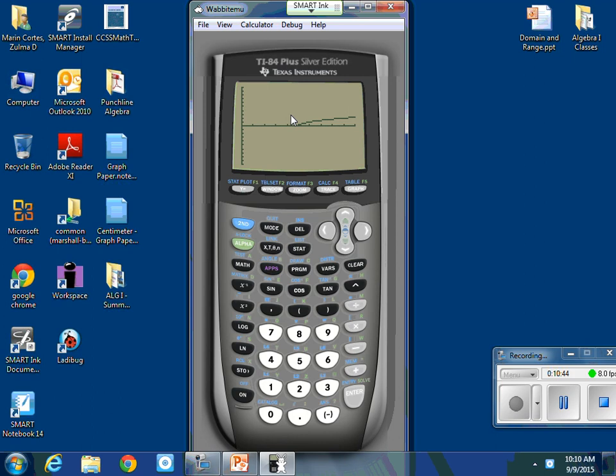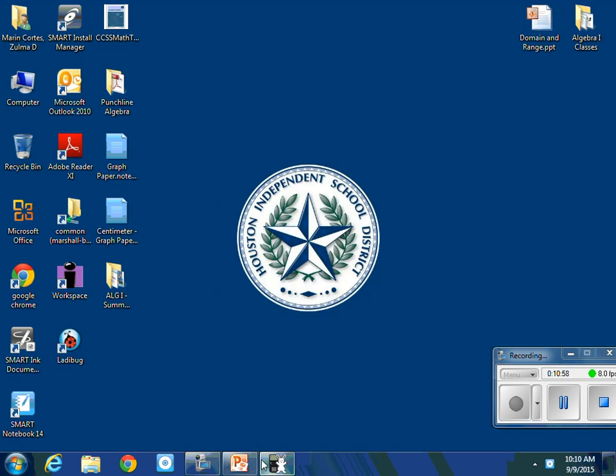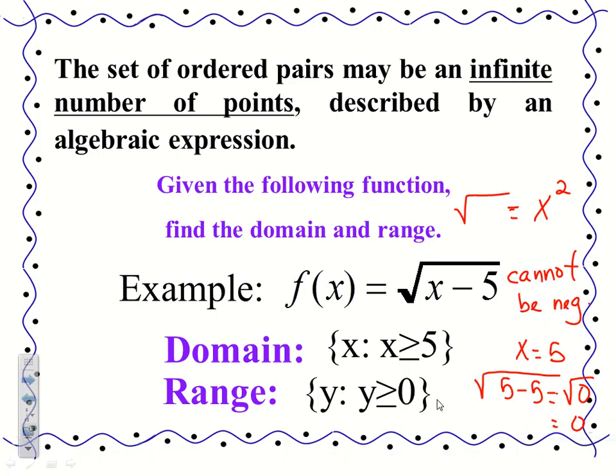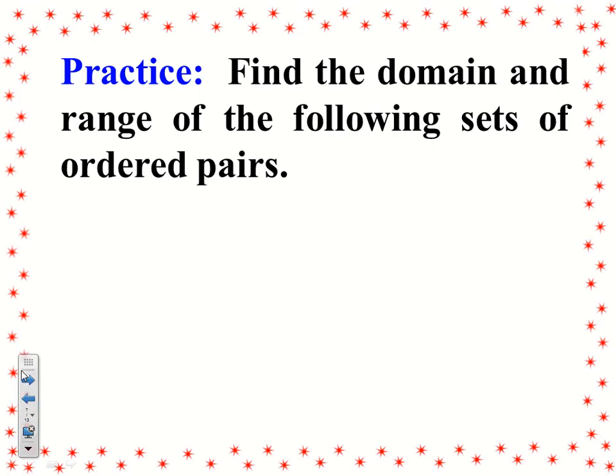So my x has to be bigger than or equal to 5, and my y has to be bigger than or equal to 0 because there's nothing on the negative for that graph, okay? So for me, the easiest way to do this is to go to the graph and come up with the domain and the range from the graph.